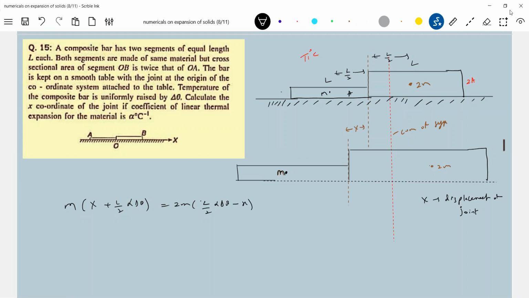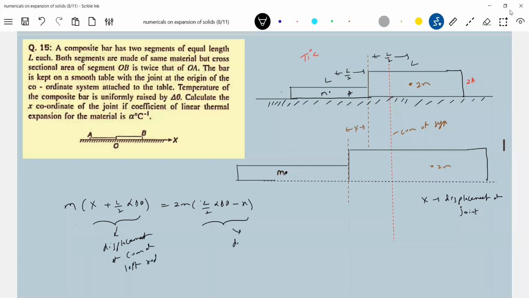So from where is this equation brought? Anybody wants to answer? So what should you write? Displacement of, what is this quantity? Displacement of center of mass of left rod.